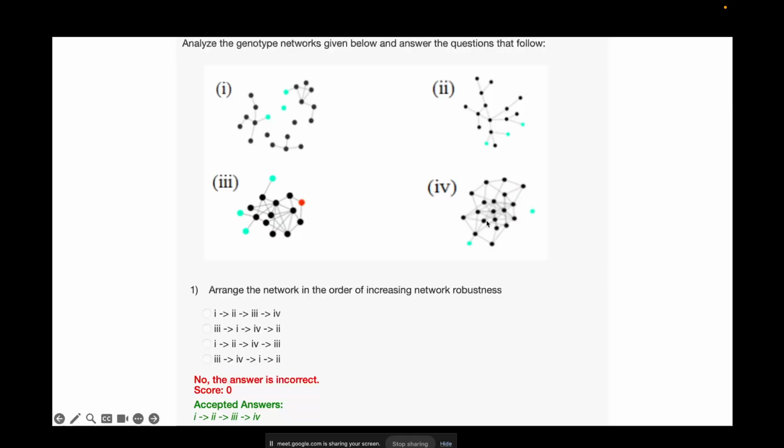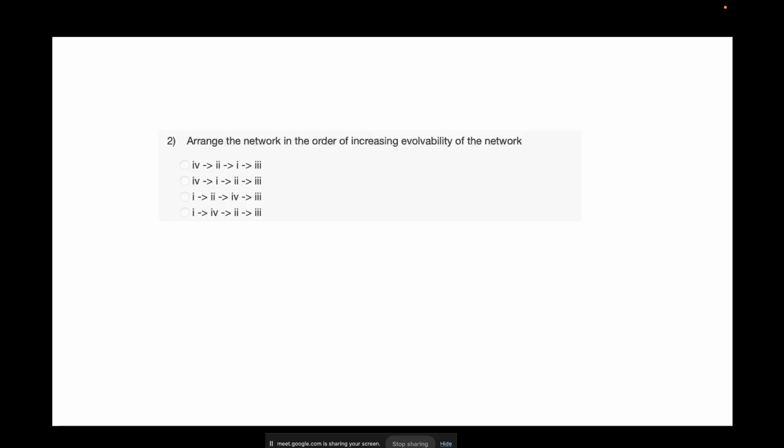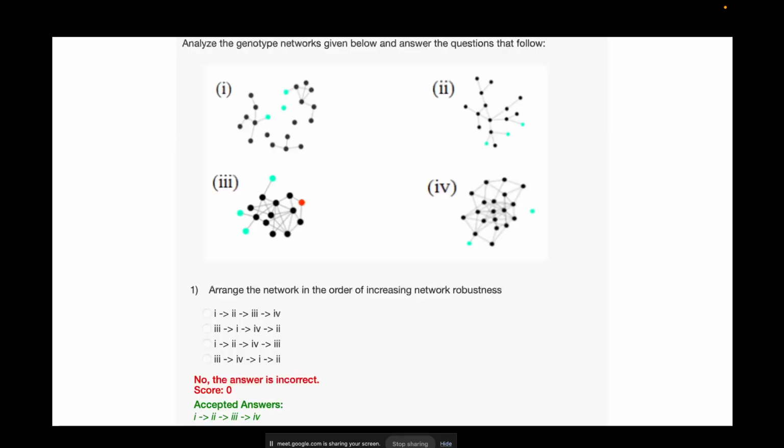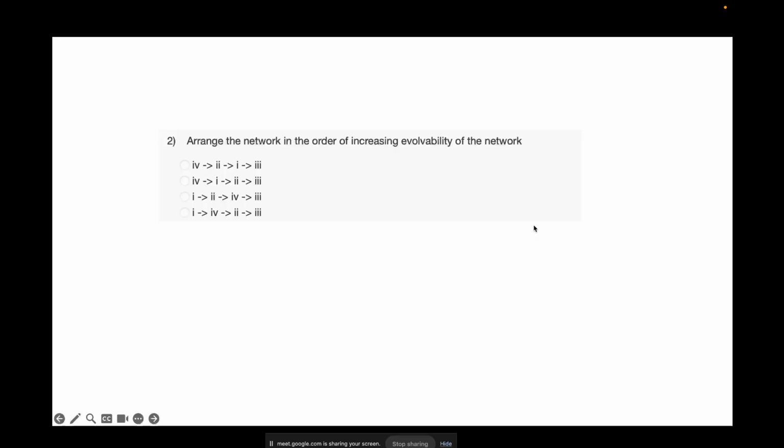So the fourth has the lowest evolvability because it is most connected and it only has this one single point, or these two marked in light green, where it can evolve.